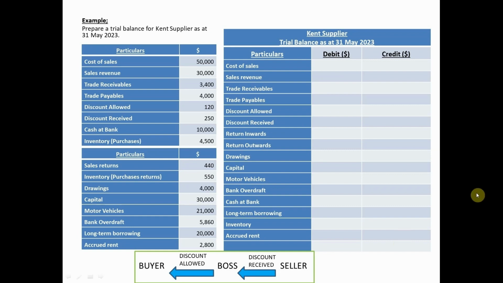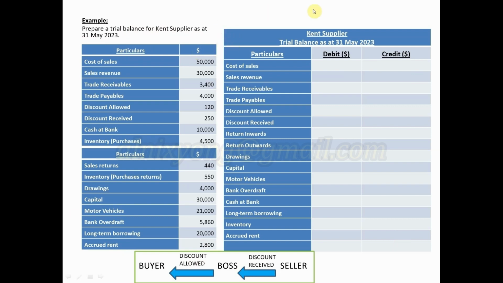Okay, next, a simple question here. Prepare a trial balance for Can Supplier as at 31st May 2023. Here is the question given. On the left hand side is the question. They have given you the particulars and the dollar amounts.